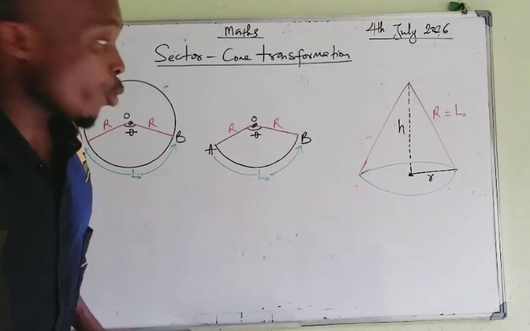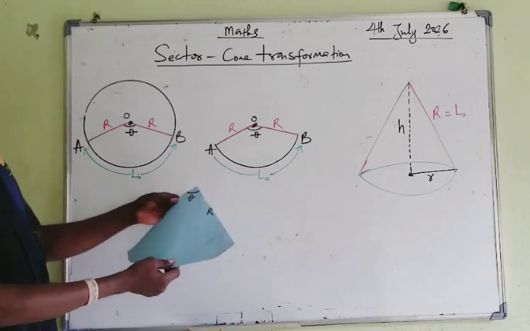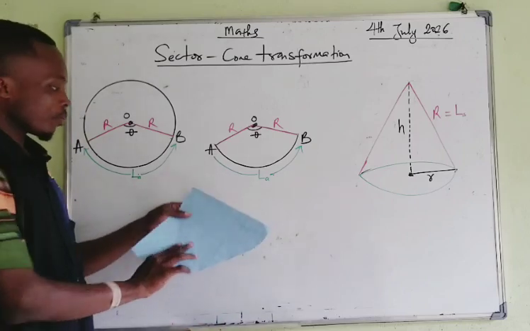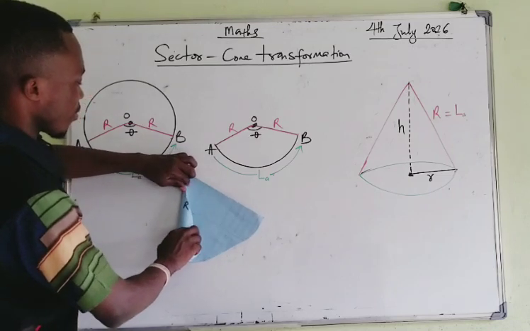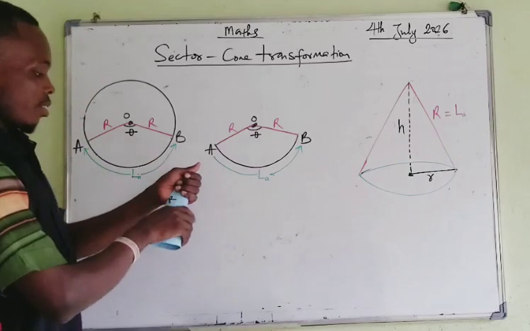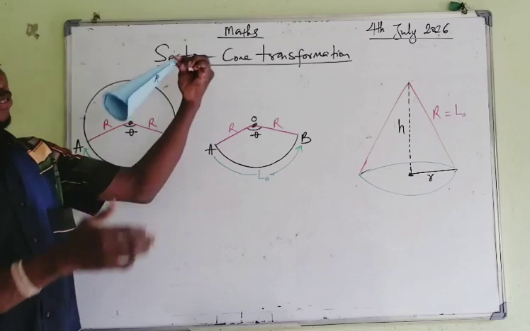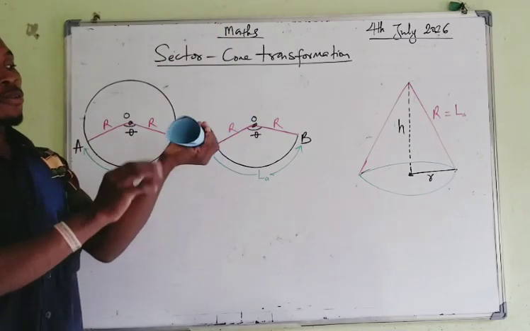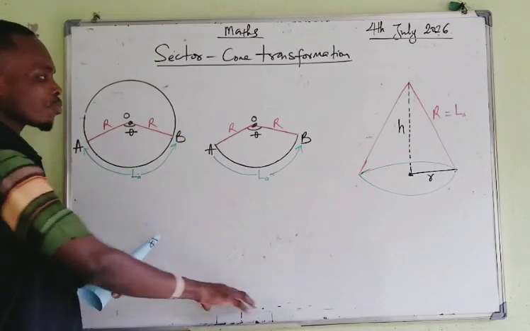In sector cone transformation, now observe this. This is my sector. Let's say I fold this to form a cone. Yes, you should observe, and I have a cone formed this way. What you observe here is that the cone has a circular base. It is a circle.